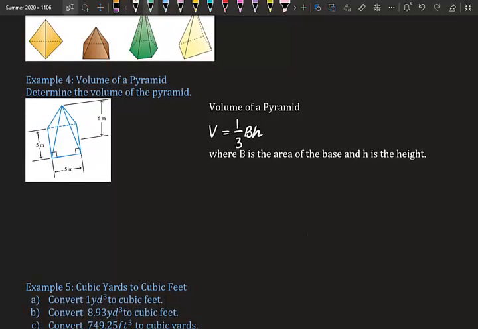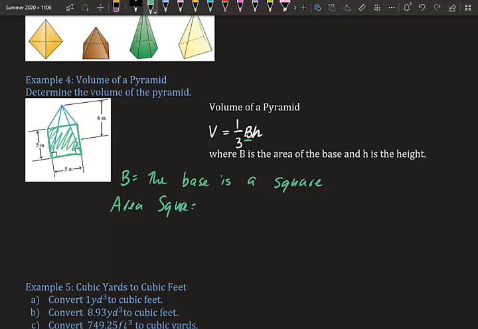So we need to find big B. So big B, remember, that's the base. So the base is a square. So we know how to find area of a square. So area of a square is side squared.